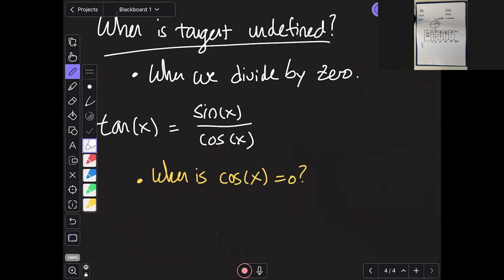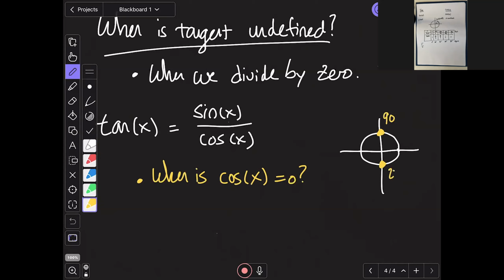Yeah, so you're thinking about the unit circle again, Nick? Right, so here and here. Do you know what those degree measures are? It's 90 and 270.